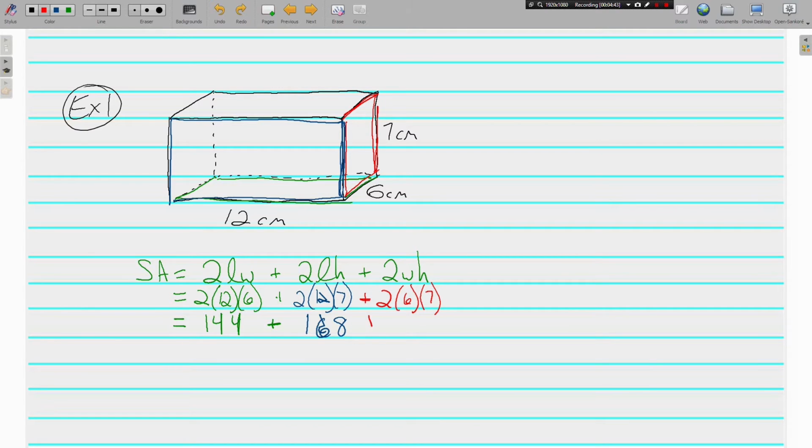And 2 times 6 times 7 is 84. Combine all those. 144 plus 168 plus 84 gives us a surface area.